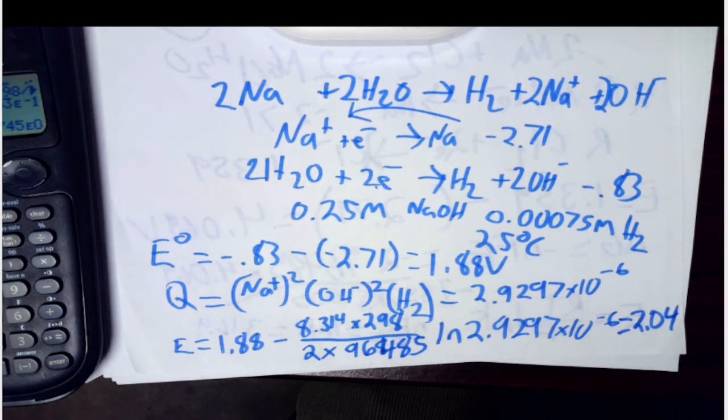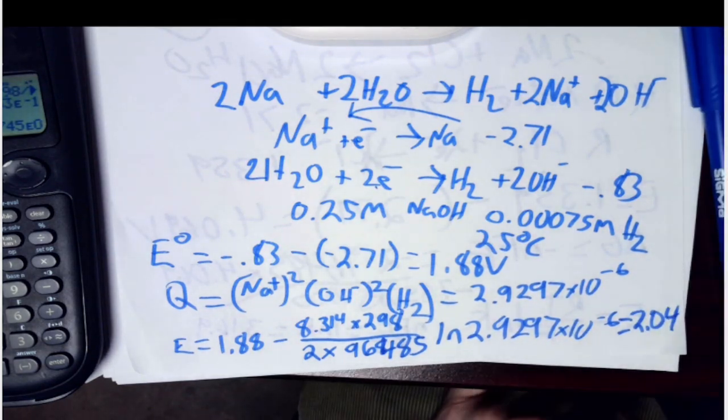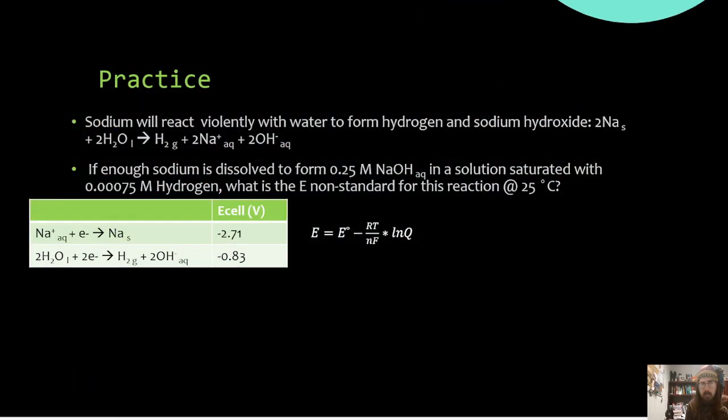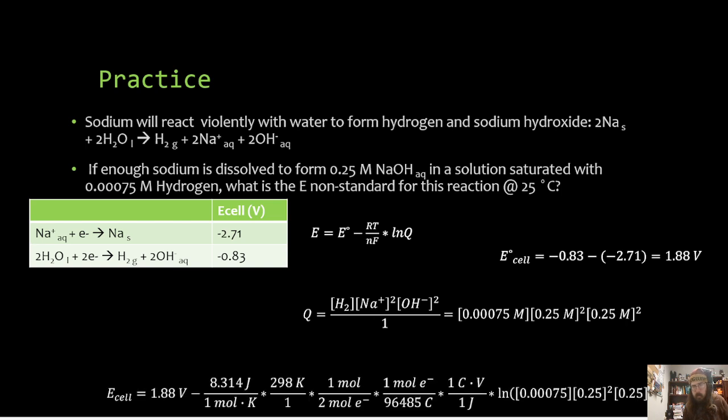It's not a huge leap, but it is enough that if you ignored this and you tried to do the math, you would get it wrong. If you just did the E cell standard, it would be wrong. But all said and done, it is not a huge change. Nernst does not improve things by a lot, but it does change the voltage.